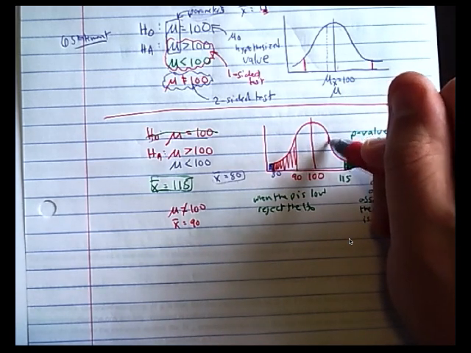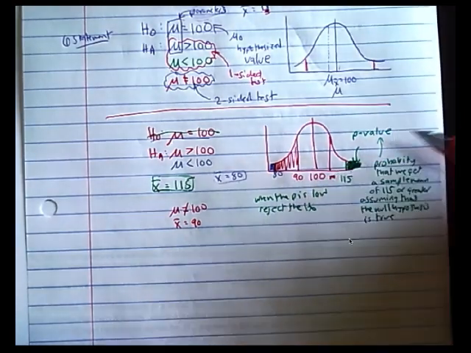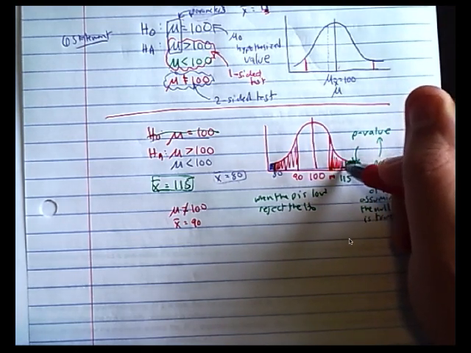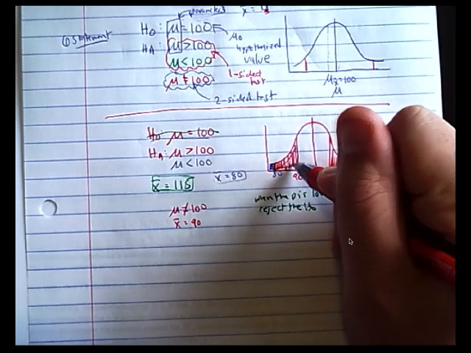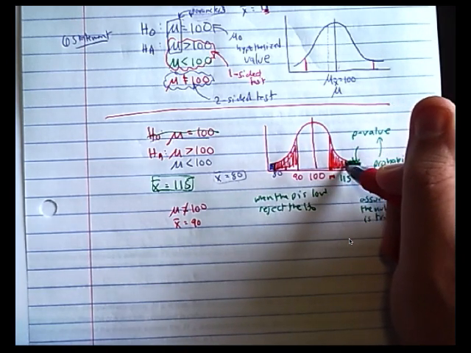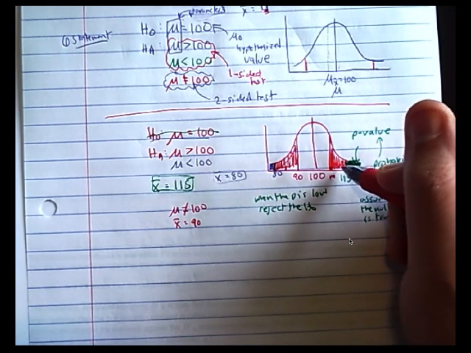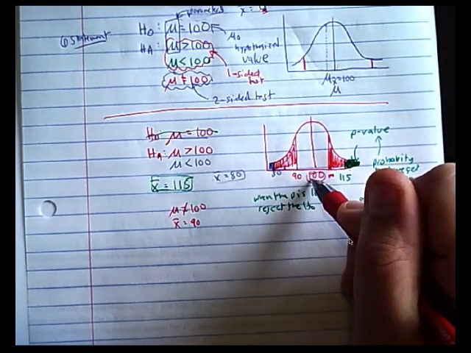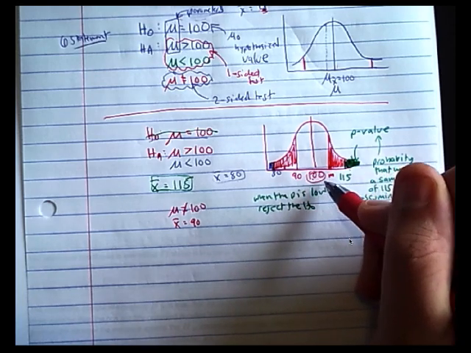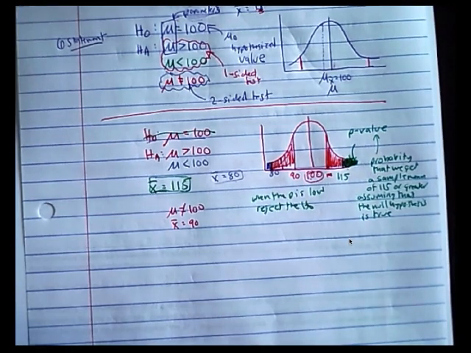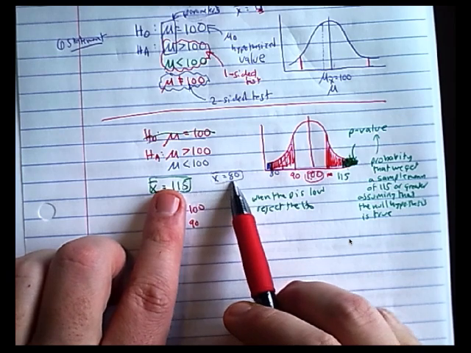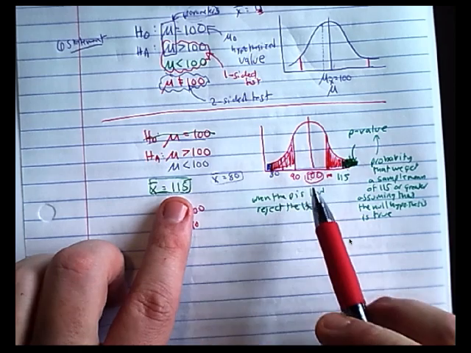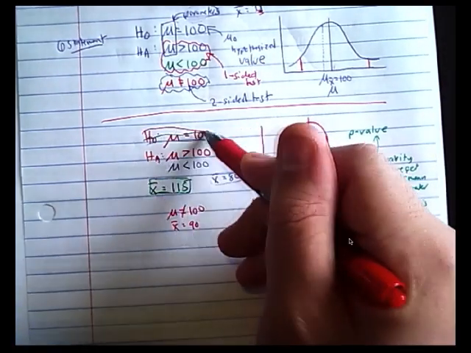We would also have to add up area on the other side, equally distant. Then we would have to consider this area. Well, that probability doesn't look quite as low anymore. So I wouldn't have enough evidence to say that that's not true. I would have to still believe that this is true. So the whole evidence piece comes from whatever your sample data reveals. The further away your x bar is from the mean, the more evidence you have to say that that's no longer good.